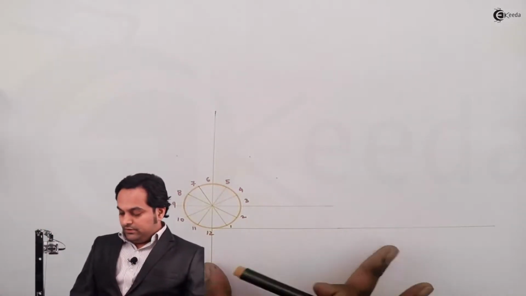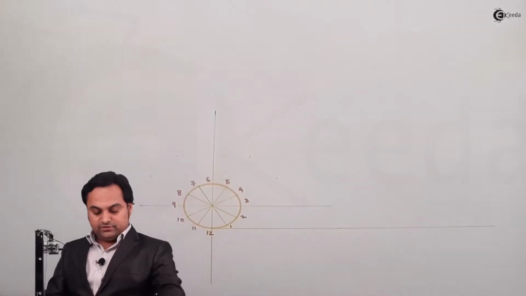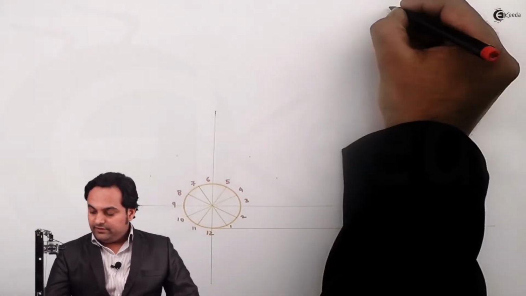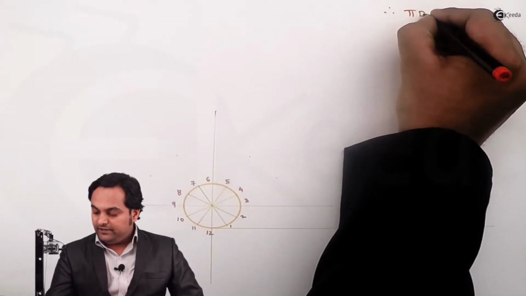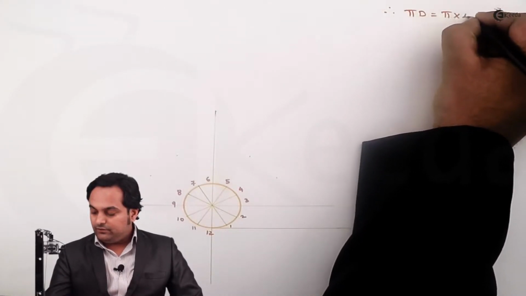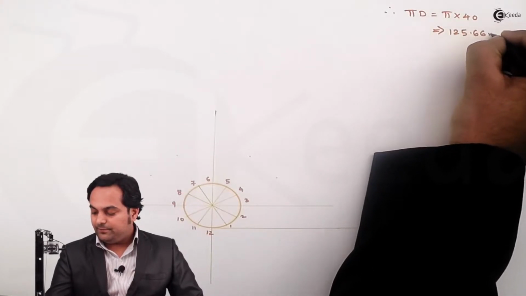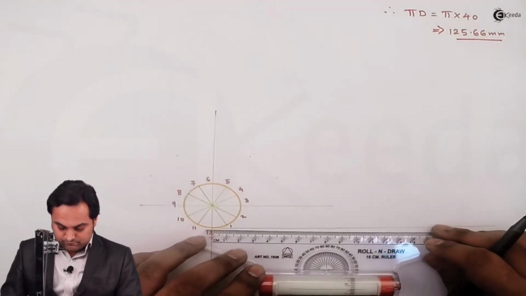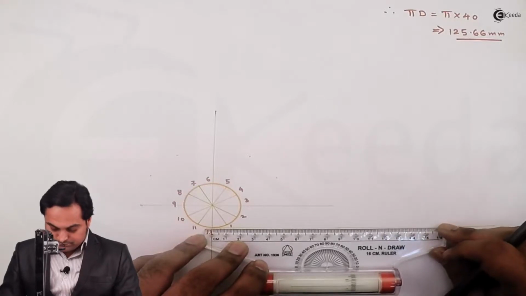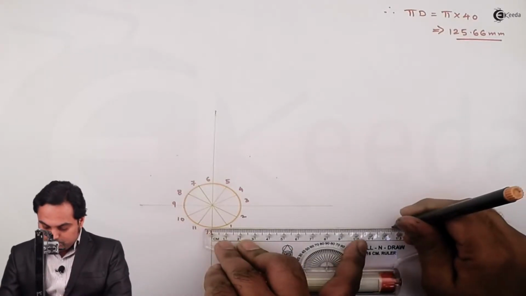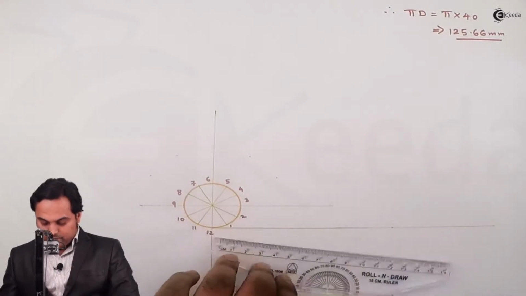Next, in this case, first of all, we need to calculate the circumference. So I can say that circumference is pi d, which is pi into 40. The answer is 125.66 mm. I'll mark this distance over this horizontal line, close to 126 mm.